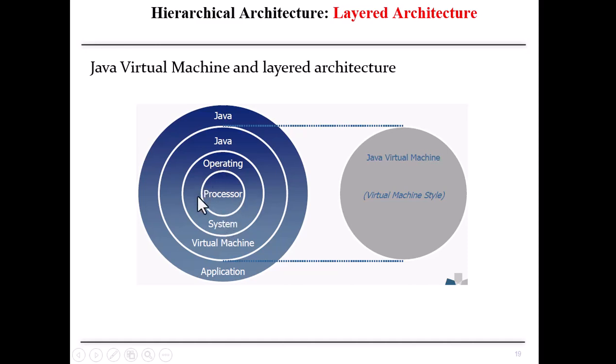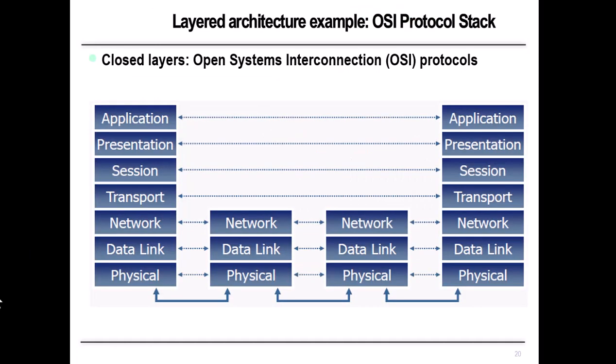The operating system is installed on the system, the processor is inside the system, and the virtual machine is installed. So we have two layers on this side. First is the Java application, and second is the virtual machine. So this is a good example of layer based architecture.